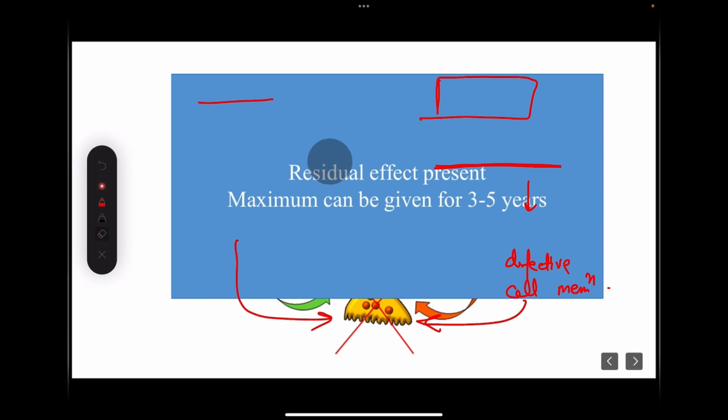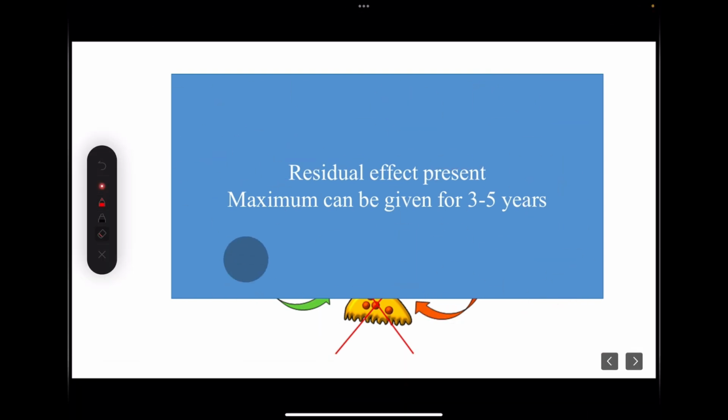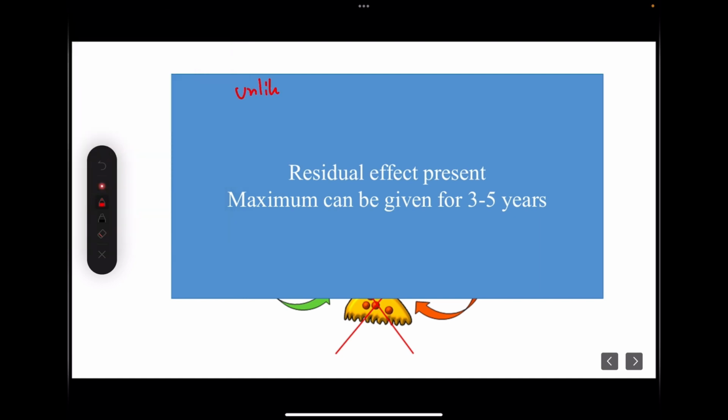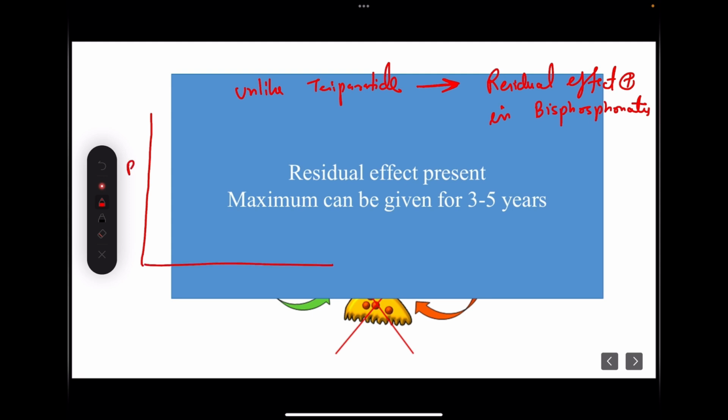Now, we should be discussing a few facts about the bisphosphonates. One fact is that, unlike teriparatide, where the effect of the drug went away rapidly after discontinuation, here a residual effect is present in bisphosphonates. What does it mean? Let me draw a graph. This is the rise in the BMD and here duration.